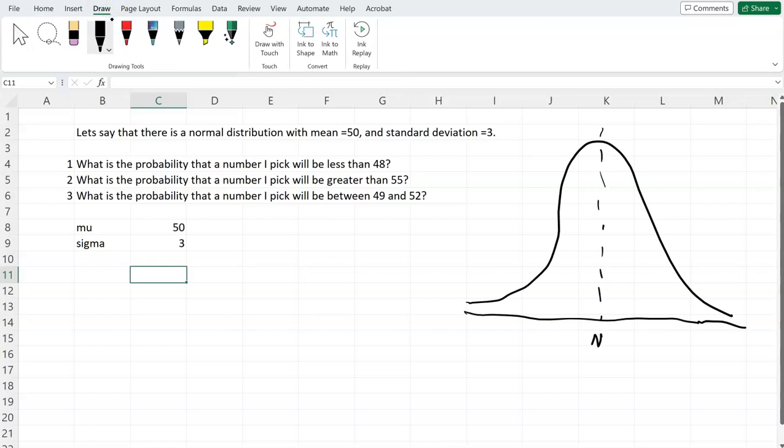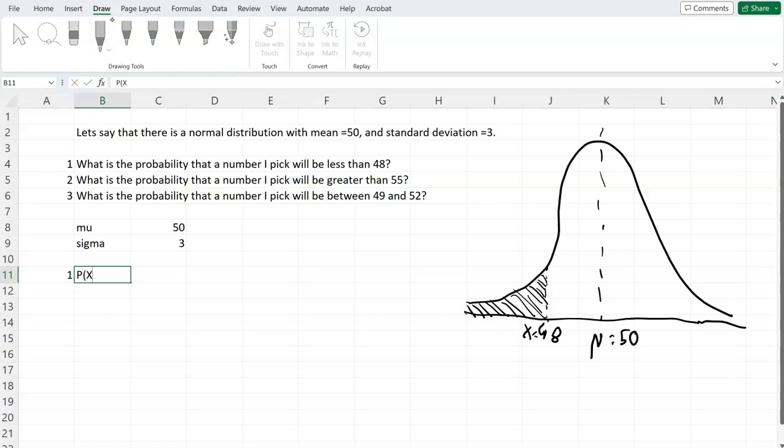So this is my mean, mu equals 50, and I'm looking at a probability of x less than 48. So I'm looking at this region. It's always a good idea to draw it first and then calculate it. So for number 1, finding the probability that x is less than 48.